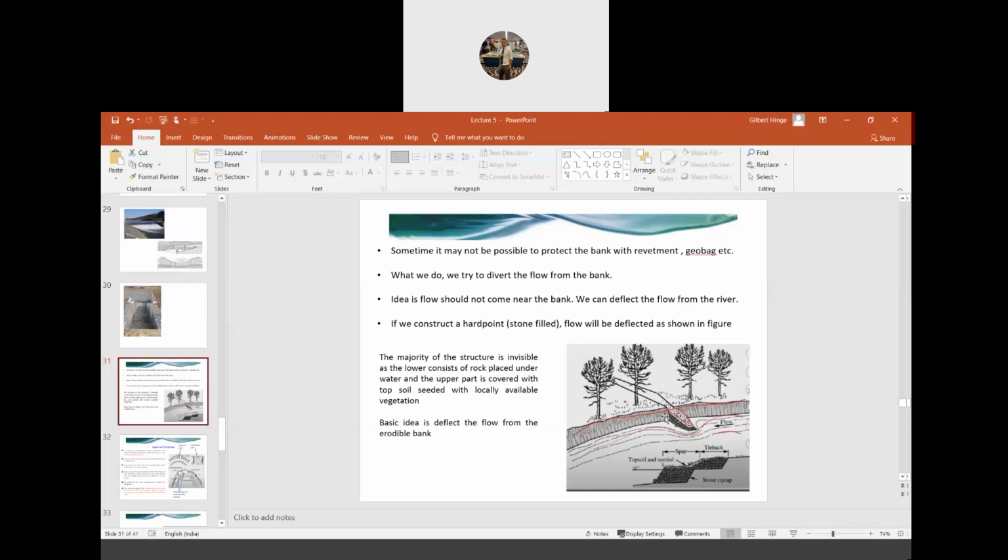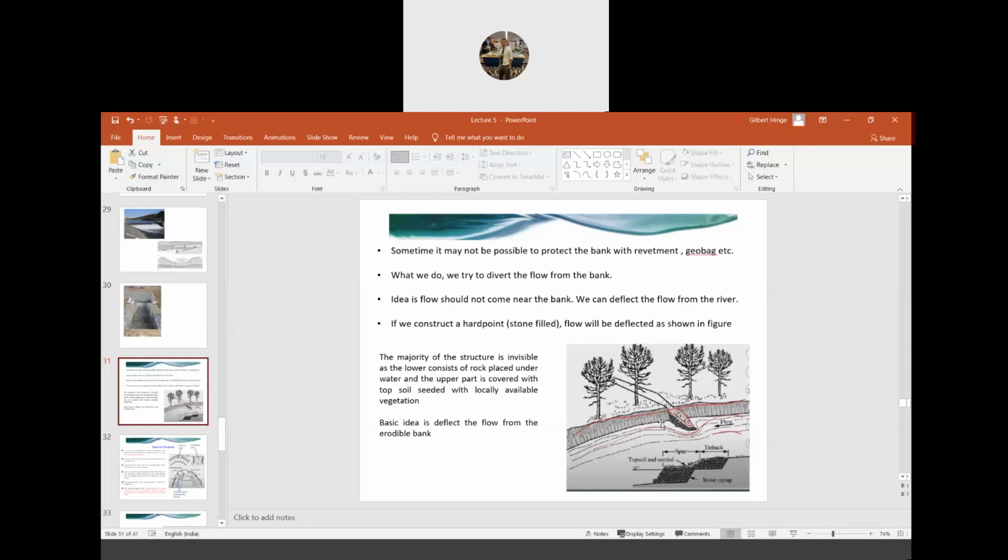So it may not always be possible to place revetment, to place geobags. In that case, how do we protect this bank which is prone to erosion? We try to divert the water by constructing some kind of a structure. So the idea here is the flow should not come near the bank.